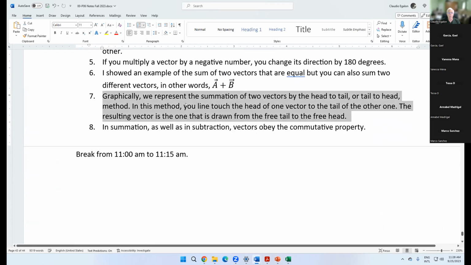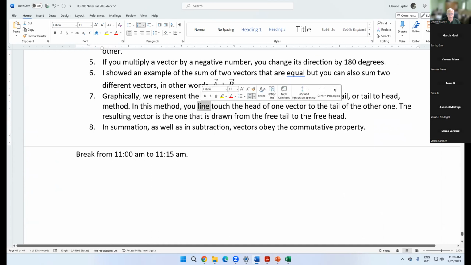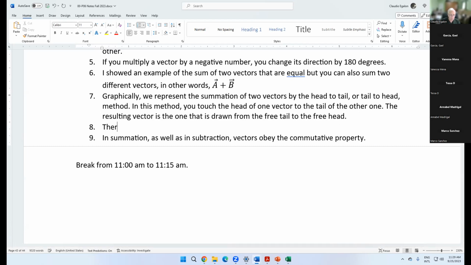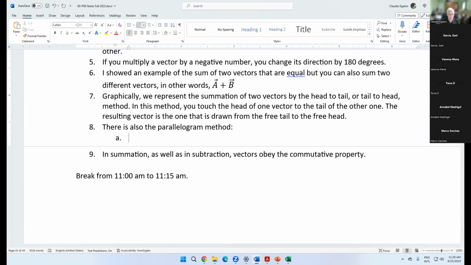Okay, so, commutative property. Graphically, we represent summation by the head to tail or tail to head method. In this method, you touch the head of one vector to the tail of the other one. The resulting vector is the one that's drawn from the free tail to the free head. There is also the parallelogram method. Okay, how do you do that?